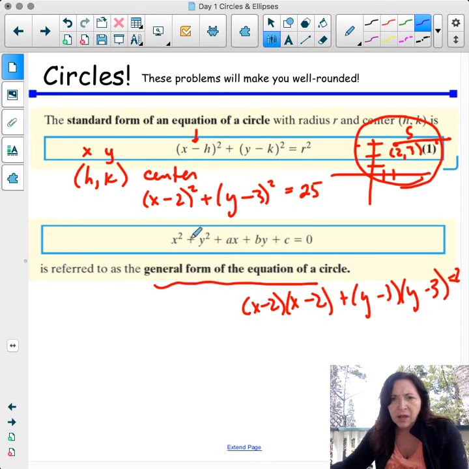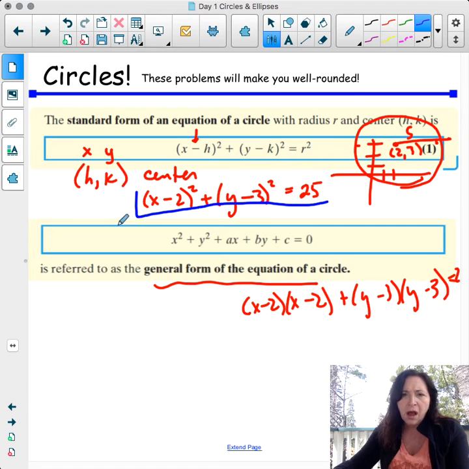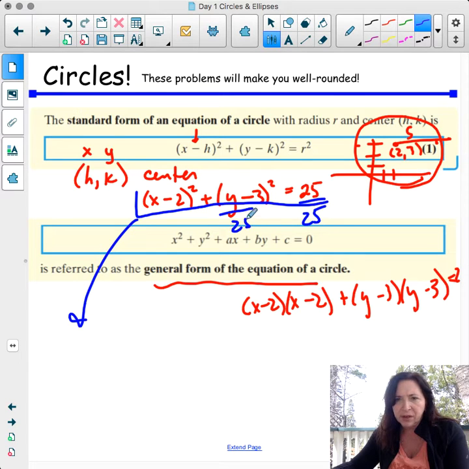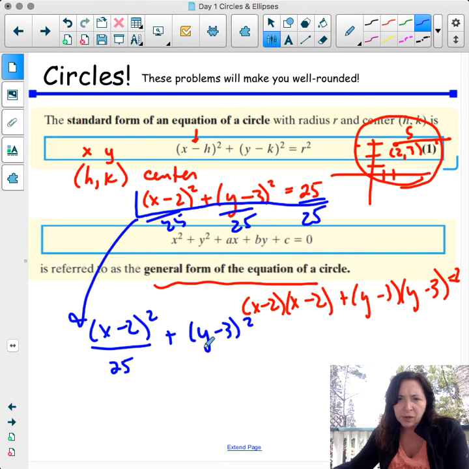Just a note, with regards to the standard form of a circle, I also could divide through by the 25, meaning if I divided through by 25 here, here, and here, I would get (x minus 2) quantity squared over 25 plus (y minus 3) quantity squared over 25 is equal to 1.